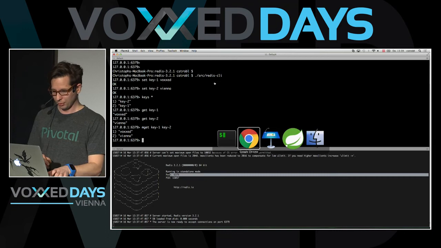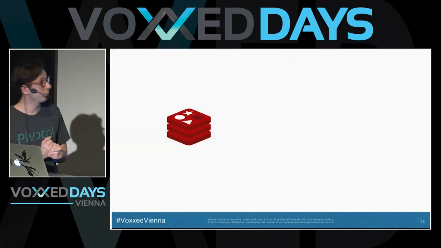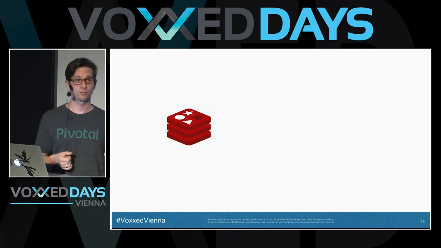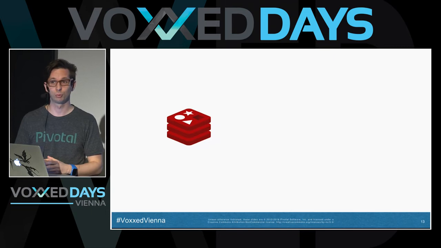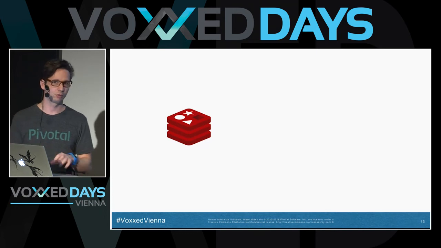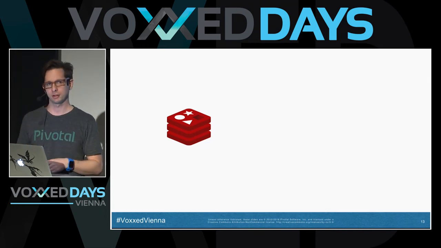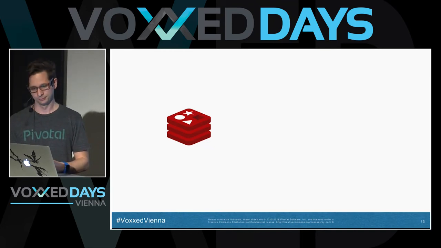Okay. But the thing with a single node is always what happens to your application if that node dies. Boom. Well, in the worst case, your application will be dead for some time until someone goes there and restarts the server, and hopefully you got all that stuff persisted to disk so that all the data is reloaded.